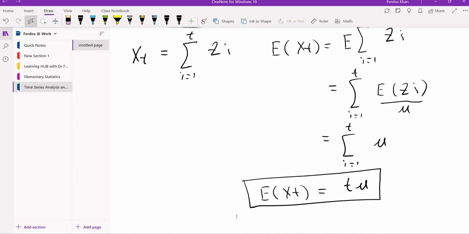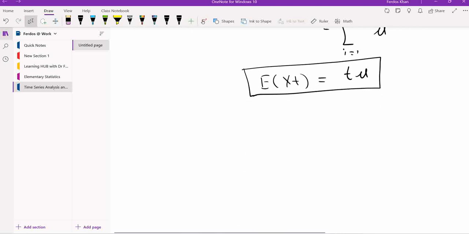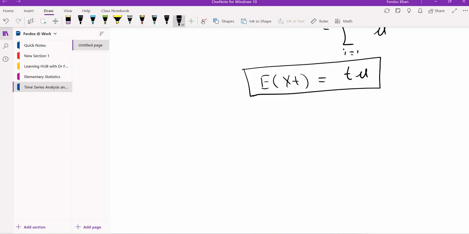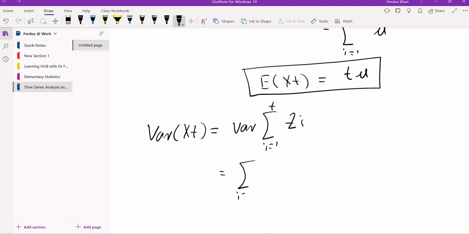You can see, with mean t mu and variance t sigma square. You can also calculate the variance. Now the variance of xt is equal to variance of the sum from i equal to 1 to t of zi, which is equal to the sum from i equal to 1 to t of variance of zi.